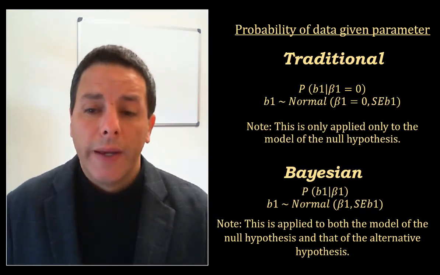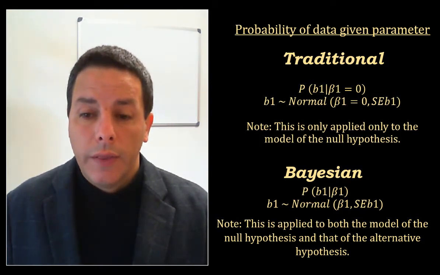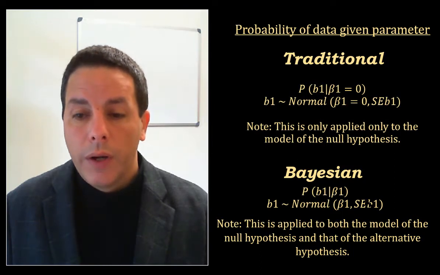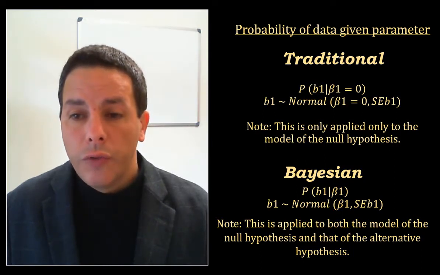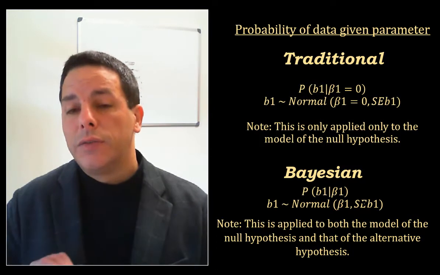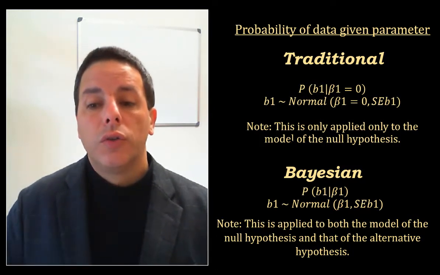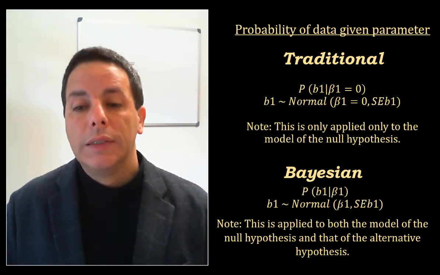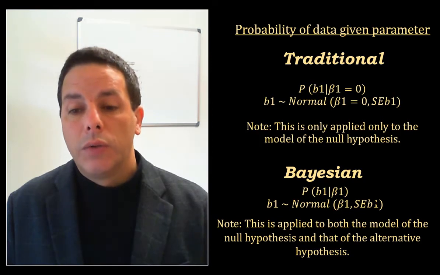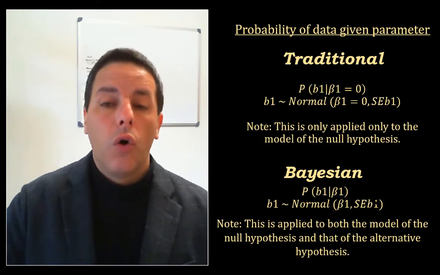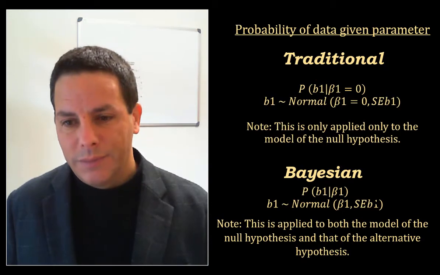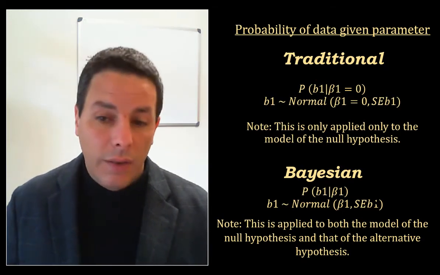Then we go to the Bayesian approach, and we've got that probability of B1 given beta 1, but not fixed to 0. So that is the difference. We are going to calculate this probability not for beta 1 equals 0 only, but for all the values of beta 1.